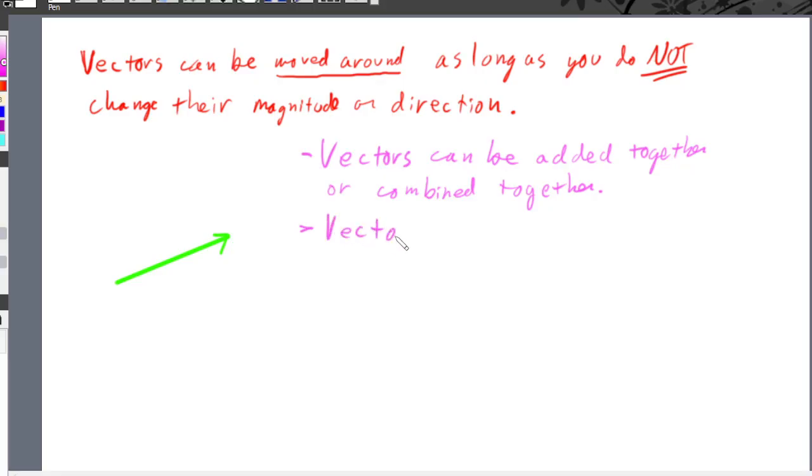And we'll talk about what that means in just a second. Vectors are always combined head to tail. That is, the arrowhead of one is placed against the tail of another.